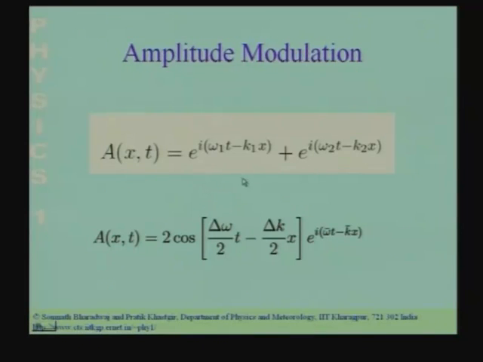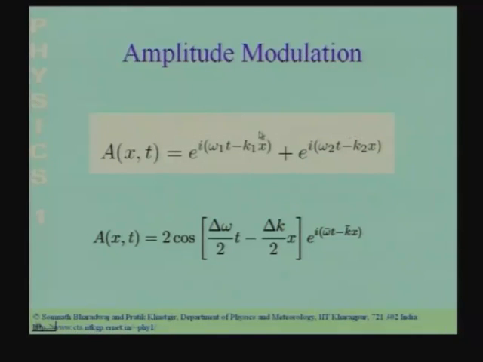We have two waves of two different angular frequencies, omega 1 and omega 2. We are also interested in the spatial evolution of these waves. So, the wave numbers are also different, and we have written down the full space time evolution now. So, we have e to the power i(omega 1 t minus k 1 x), and here we have omega 2 and k 2 instead of omega 1 and k 1.